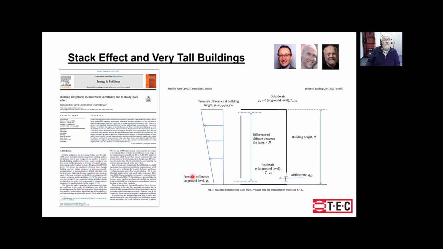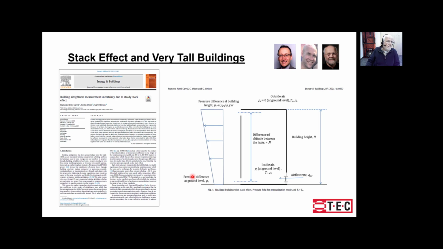Well, it turns out in a 20 or 30 story building, the temperature difference between inside and outside can't be more than like 5 degrees, so it severely limits the weather in which you can test tall buildings.